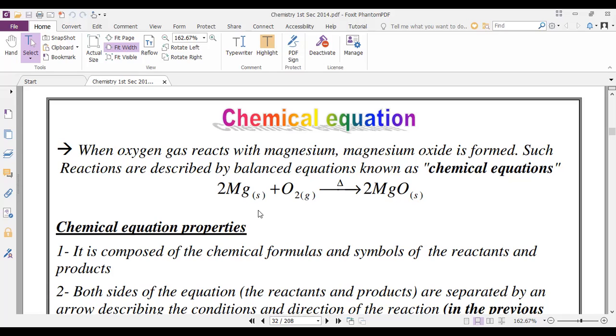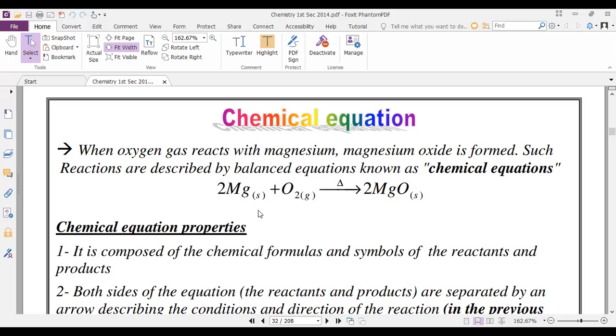And 2 Mg means that there are 2 magnesium atoms, plus O2. O2 means that this is 1 mole of oxygen gas, but oxygen in the form of gas must contain 2 atoms, so it must be O2.